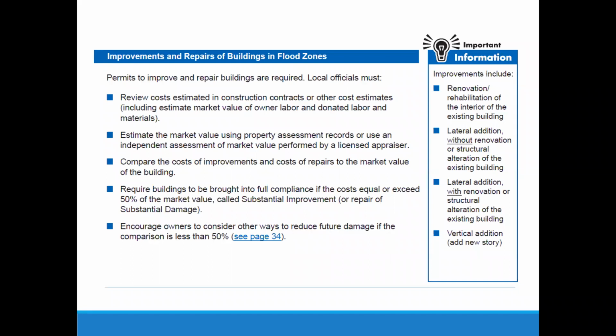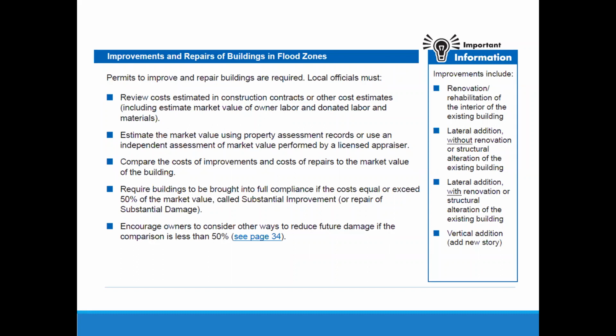So for one thing, we have property assessment records. There's usually the county appraiser websites that are available online and to everyone. It's public information that everyone knows about and is familiar with. So when you pay property taxes, you have that information from the appraiser about the market value.